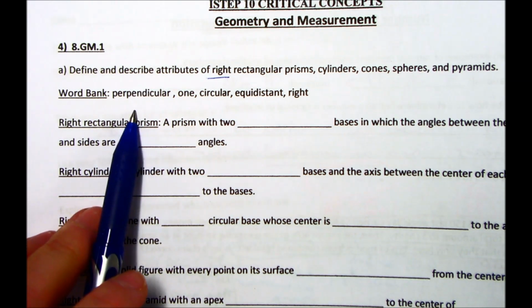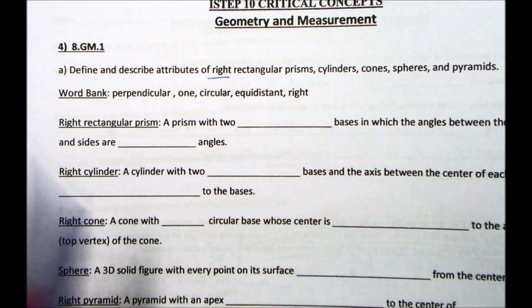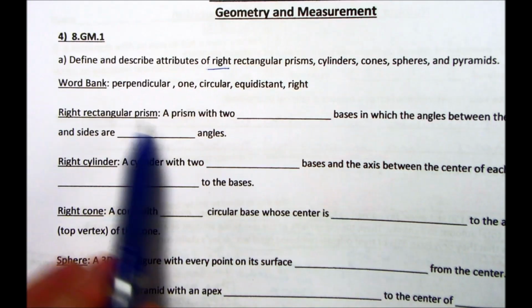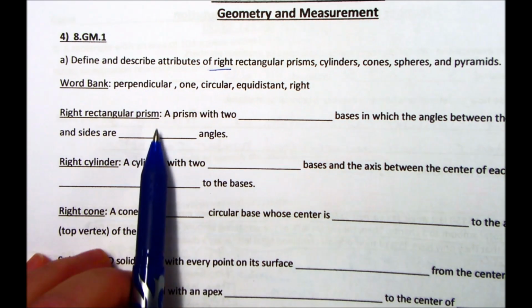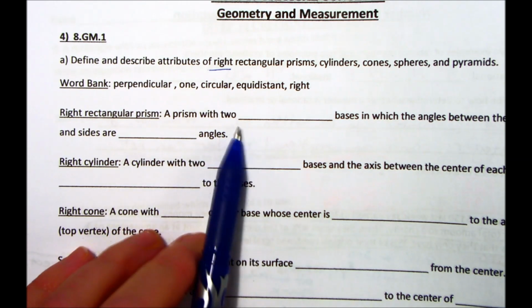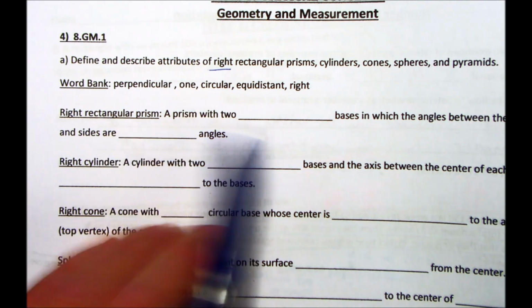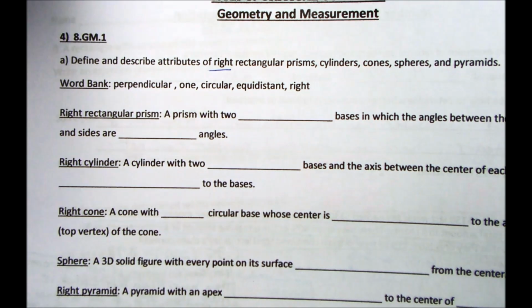So this is my word bank here. I'm trying to remember what I did here. So a right rectangular prism, I've already got it worked out here. I'm just having you fill in the blanks with what these words are. So a right rectangular prism is a prism with two what kind of bases? Well, if it's a right rectangular prism, then it's going to be a rectangular base.